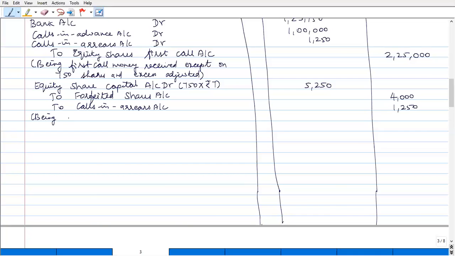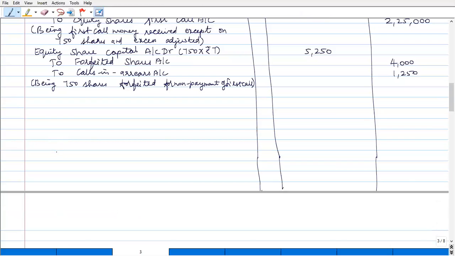Being 750 shares forfeited for non-payment of first call.